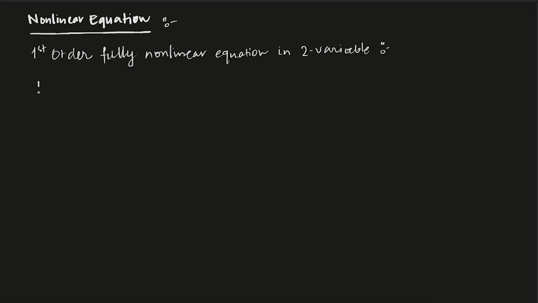What does it look like? So, the general problem looks like this: F of x, y, u, u_x, u_y equals 0. This can also be written like this: F of x, u and gradient u equals 0.